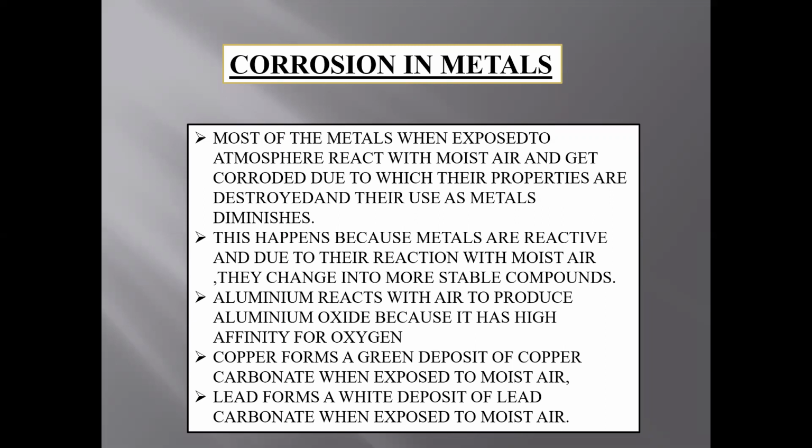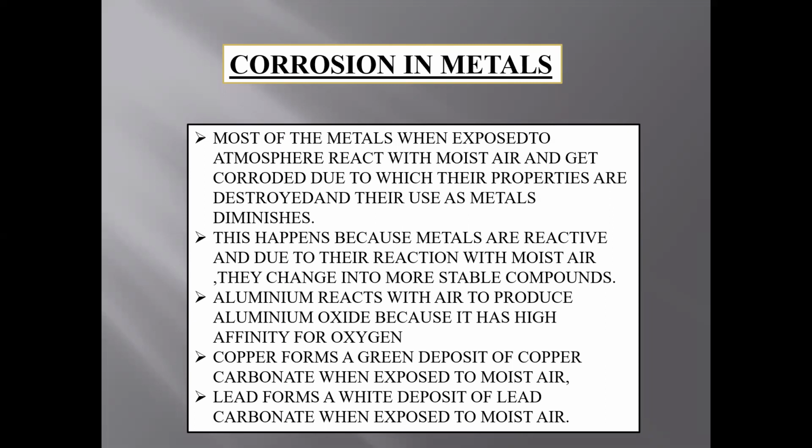So this happens because metals are reactive, and due to their reaction with moisture, they change into more stable compounds. As we have already learned during the chemical reaction part, most of the substances or elements try to attain stability, and they try to attain stability by forming chemical compounds by combining with other components, like it may be an element, it may be a compound.